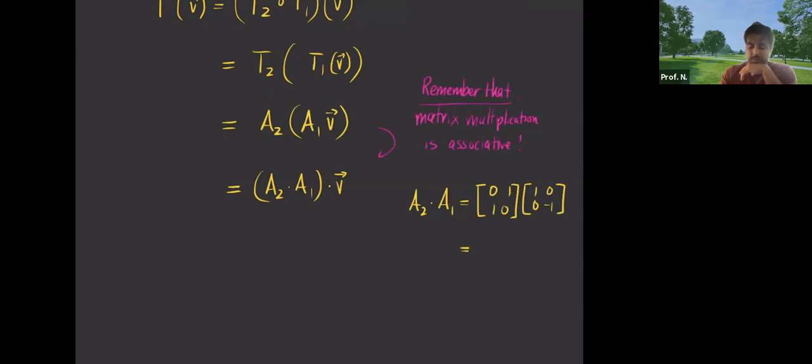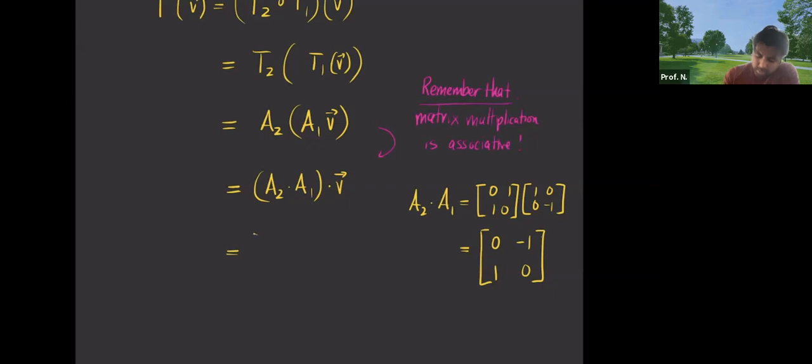Row 1, row 2. This is really 0, right? And then row 1, second column, -1. And then row 2, first column, I get a 1. And then row 2, last column, I get a 0.